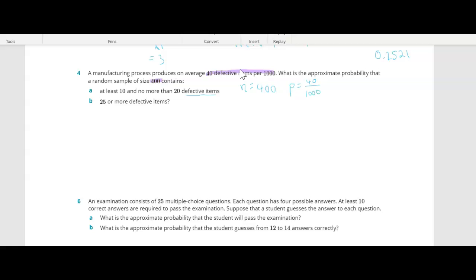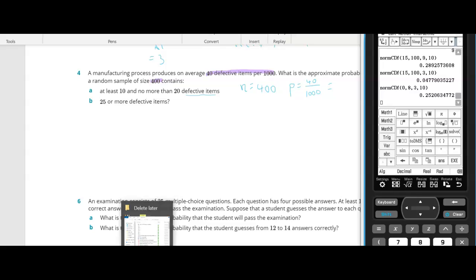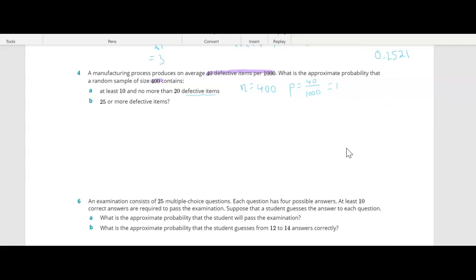So 40 divided by 1,000, so 0.04. And then the probability of failure is 1 minus that, so it's going to be 0.96.